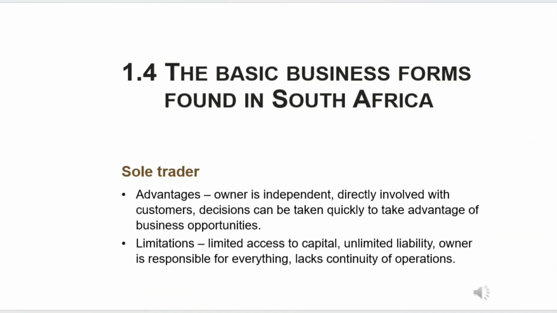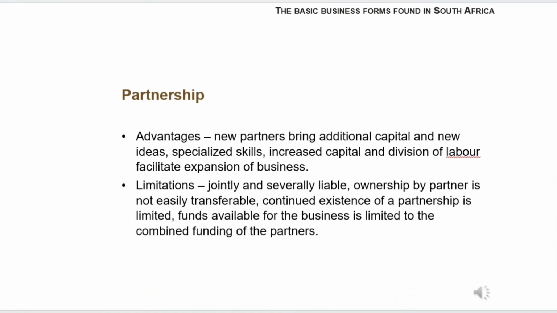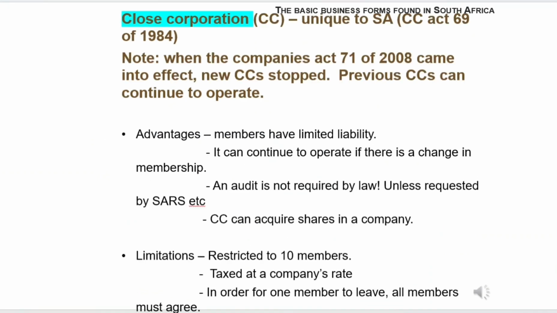So here are the advantages of a sole trader. And here you have the advantages of the partnership. Then we have a close corporation, which is a CC, which is unique to South Africa. The CC Act 69 of 1984, and then the Companies Act 71 of 2008 came into effect.